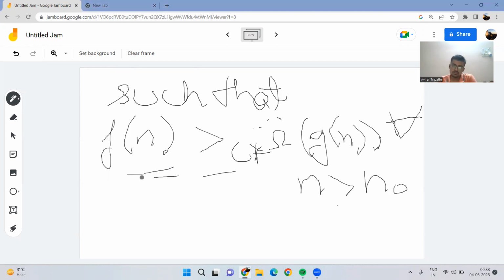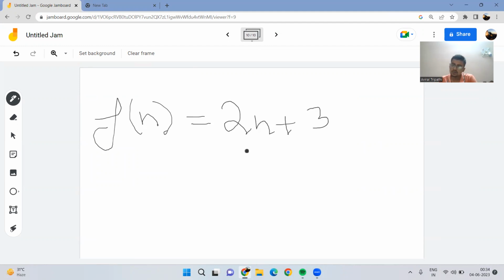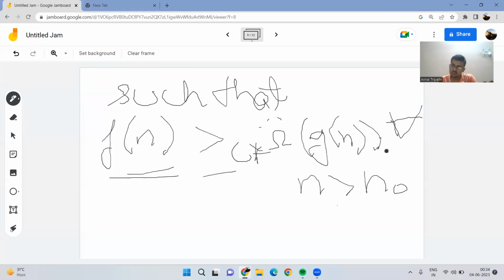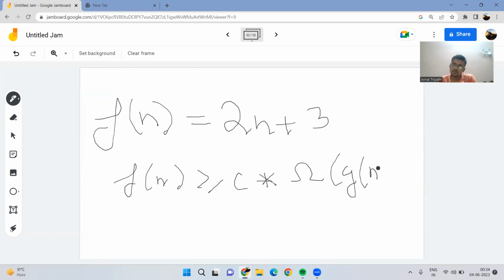So how we do it? Now for this function to analyze with the situation, we will again be doing it. Supposedly fn is equal to 2n plus 3. Now, based upon our condition that fn should be c asterisk gn, that should be the case. So based upon this, we write here fn is greater than c asterisk gn.